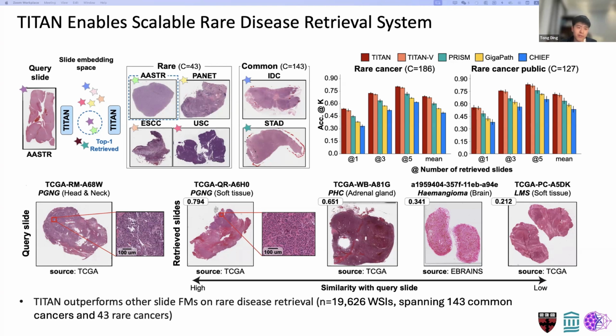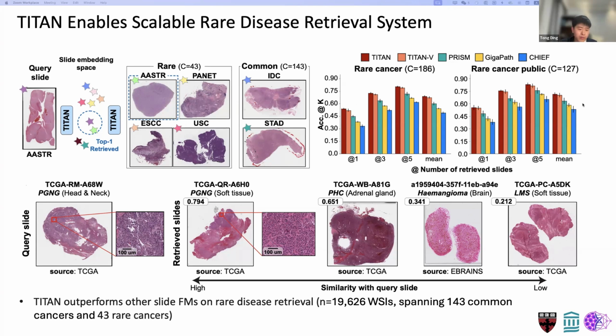In our benchmark, we use these 43 rare cancers in our query set, and our support set has all of these 186 subtypes. And in this task, in both the dataset that has our internal data and the public version of this benchmark, Titan demonstrates favorable performance as compared to other models as well.